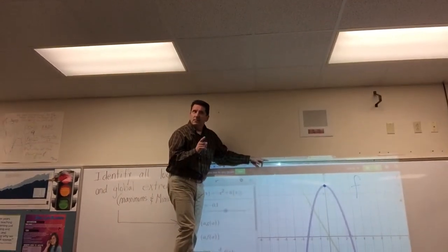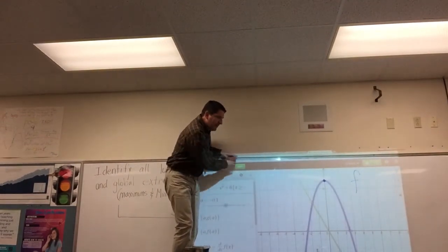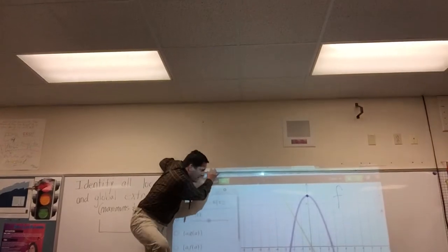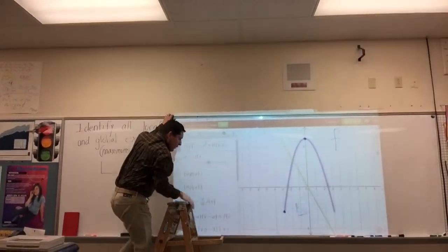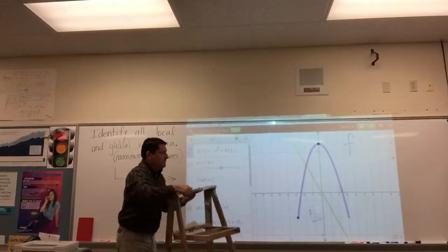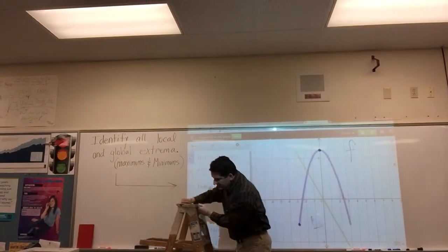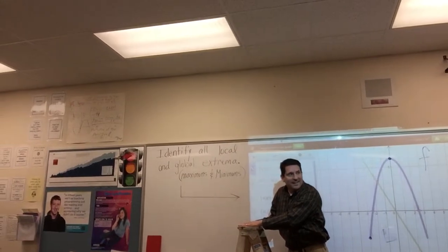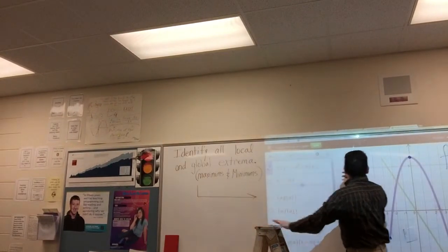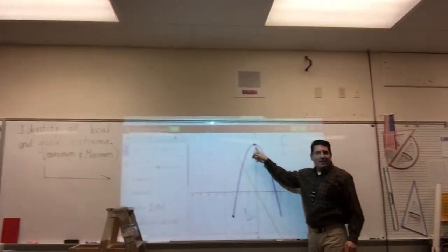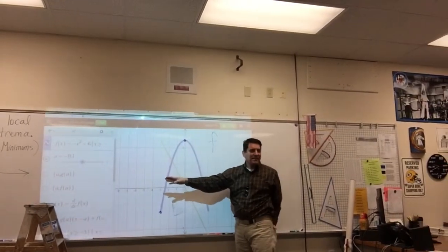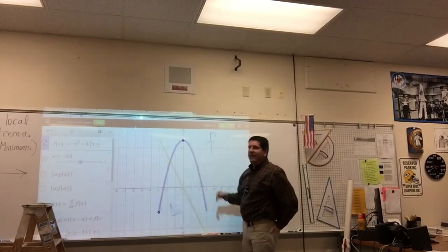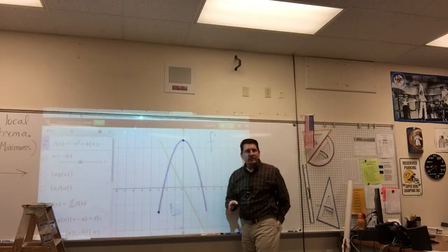Make sense? Now, on my way down, why is there a bracket on the way down? For the same reason. I have to start somewhere, and that means I would start at the top. Okay? Imagine me standing on the top, and I say, when am I decreasing?